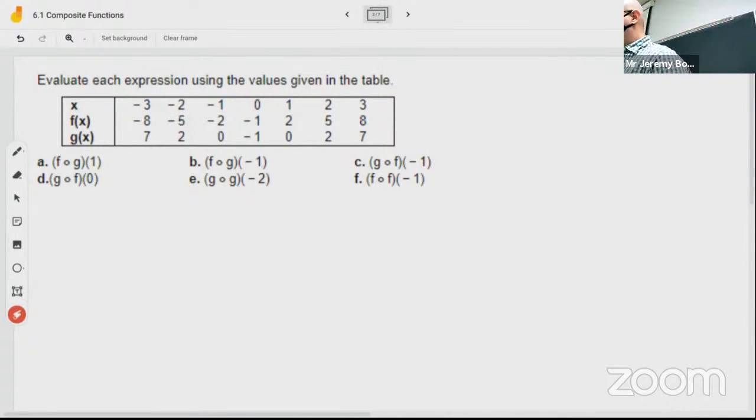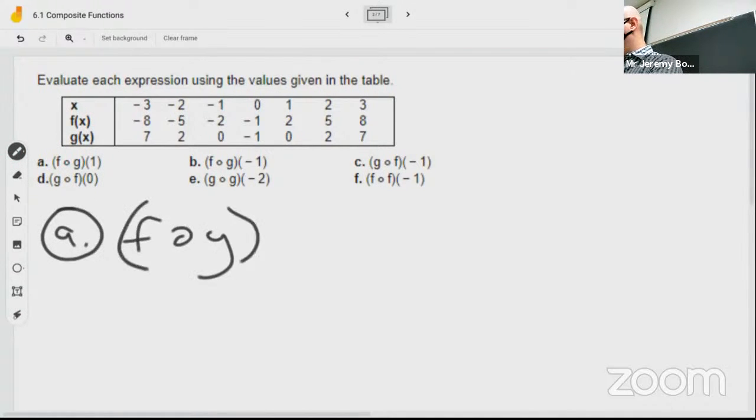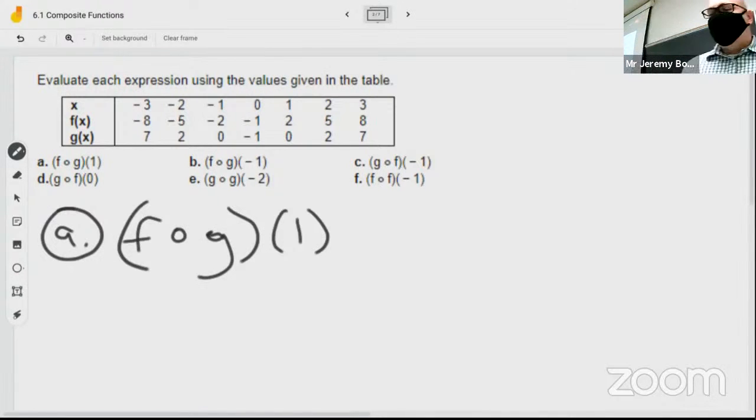So for part A, they want us to find F of G of 1. And I know my composed symbol is horrible, so I'm going to try to fix it. And my G's always look like Y's. Let's try this. Whenever I'm working these, what I recommend to people, first thing to do is rewrite it.